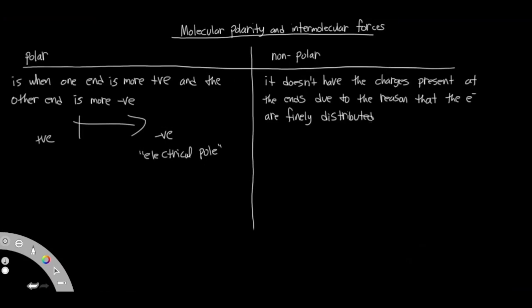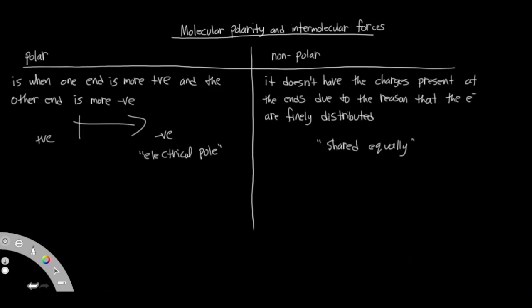This is important to understand because it means both ends of this non-polar molecule are being shared equally. It's not exactly that straightforward, in that it's not exactly equal in magnitude, but it's negligible enough that one end is not more positive than the other.